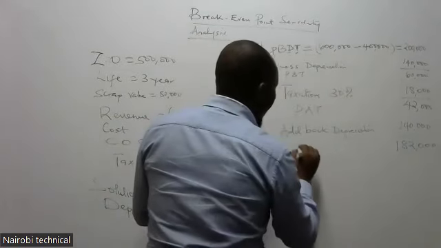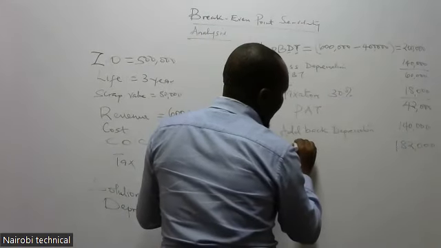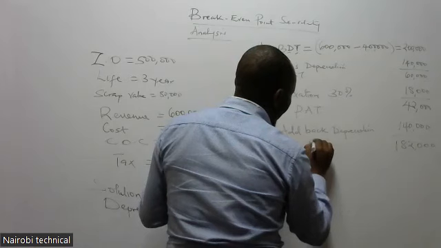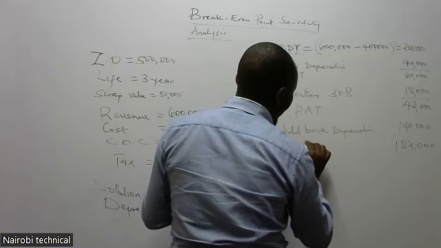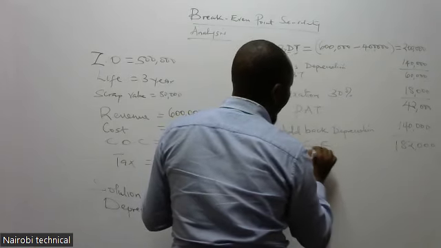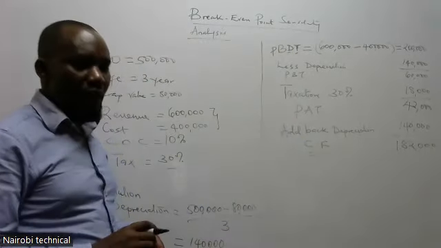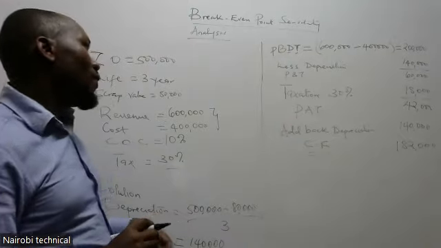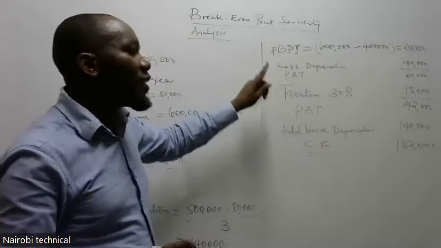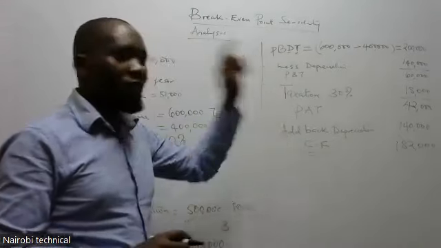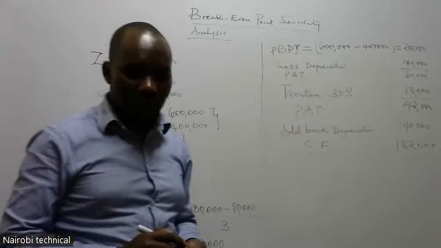This is now what we call cash flow. So that is now the cash flow that we have. It is not the same as profit after tax. It is profit after tax plus depreciation. That is what we call tax cash flow.